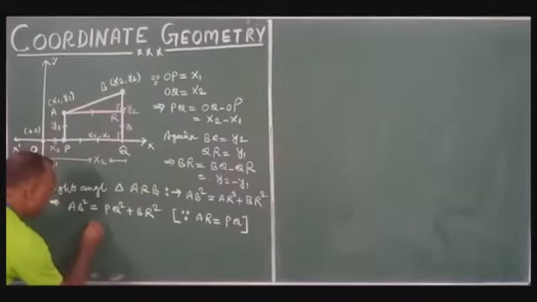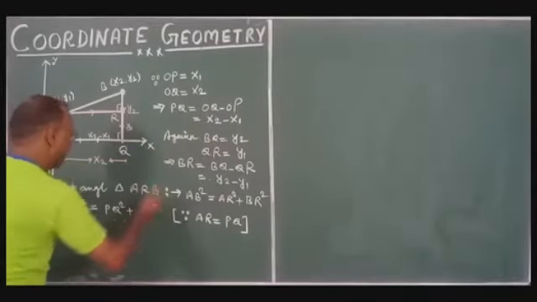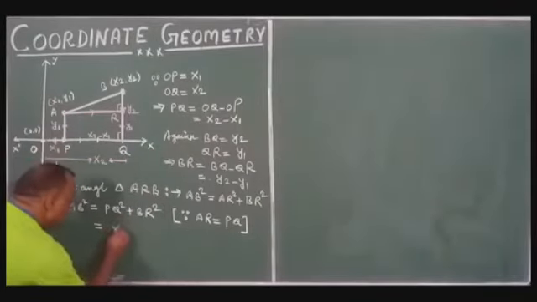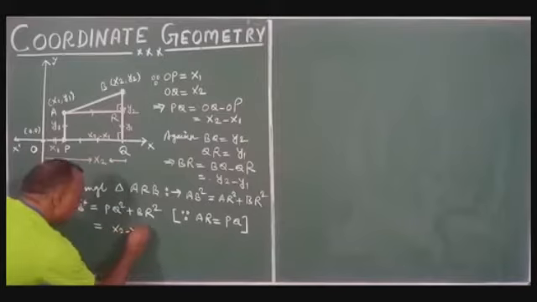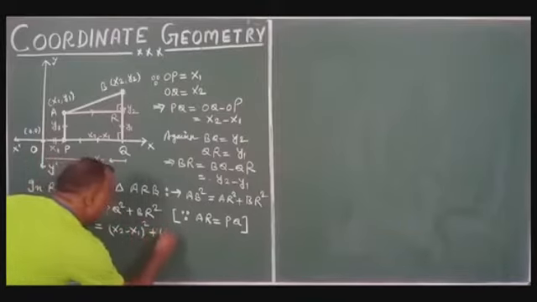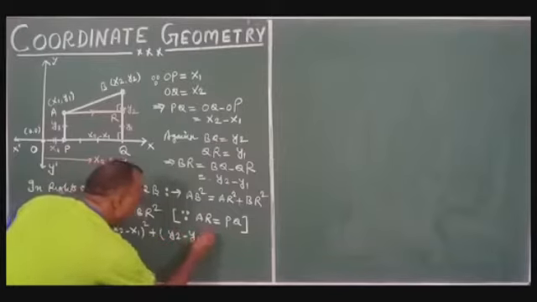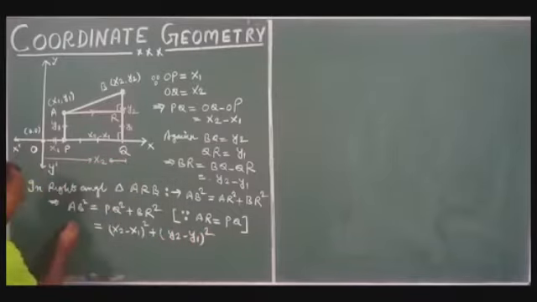Now put the values. What is PQ? x2 minus x1, whole square. And this is y2 minus y1 whole square. This is the value of AB square.